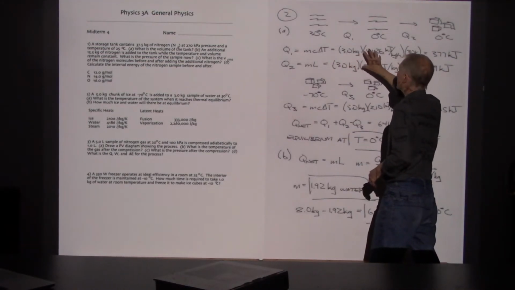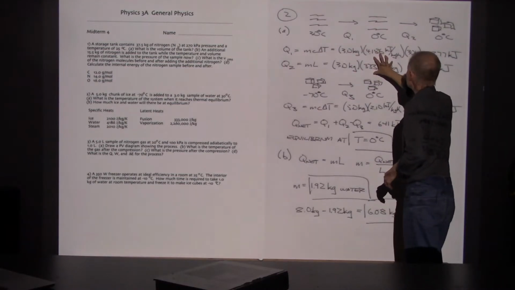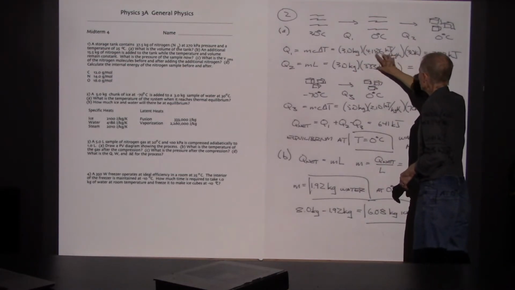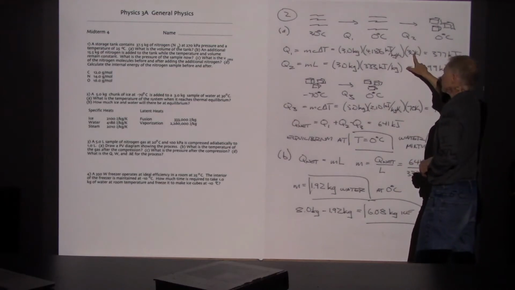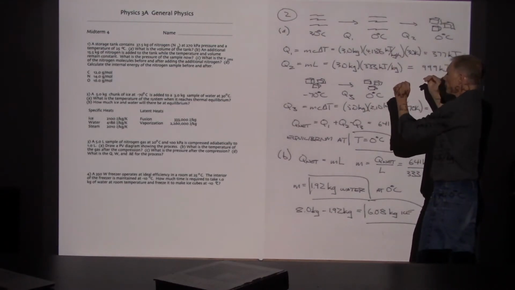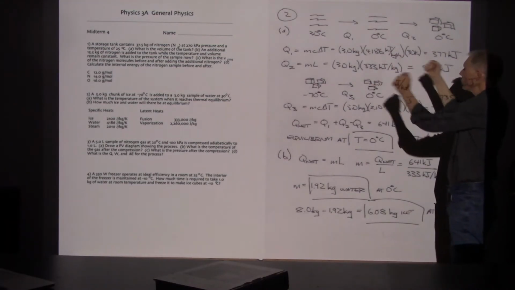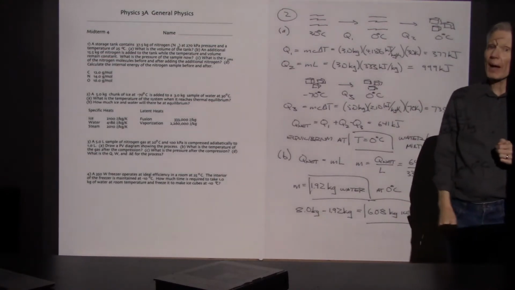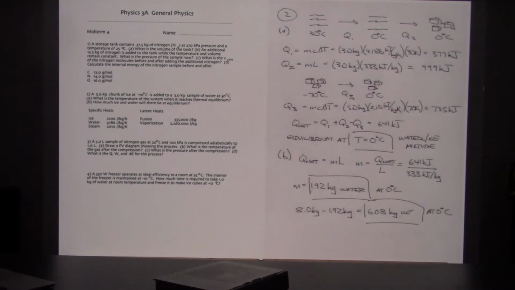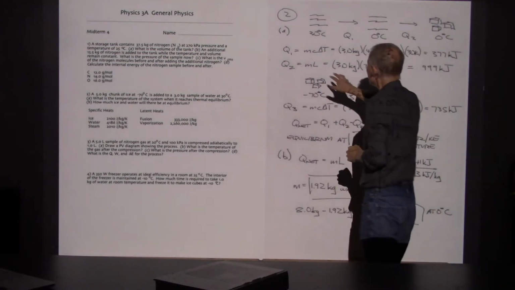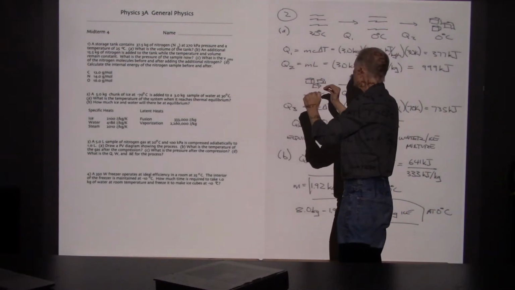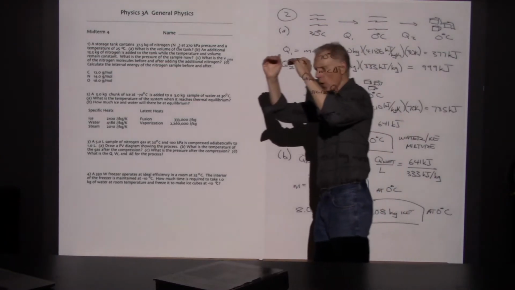So 3 kilograms times the specific heat, I think I got the units correct, it goes with those numbers, and then 30 kelvins is the amount we're going to drop it. We're going to have to pull out 377,000 joules of heat from the water to bring it down to 0, and then we're going to phase change it. We're going to freeze all the water. So here is the water.